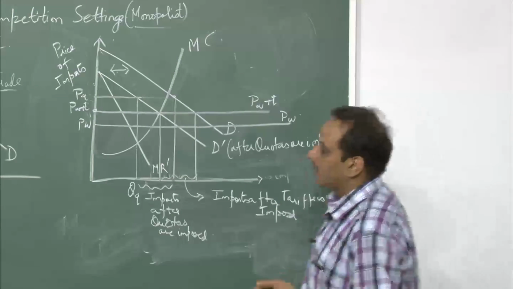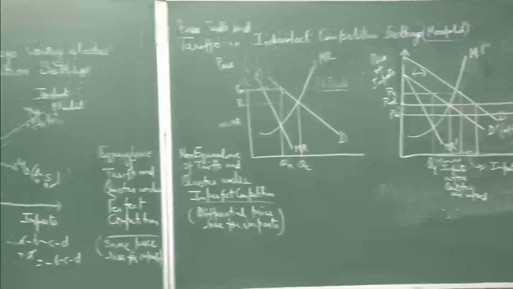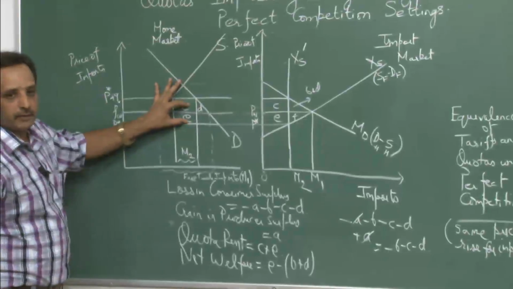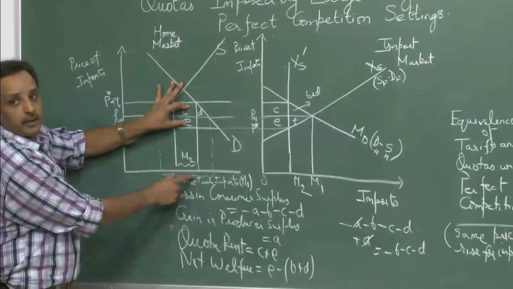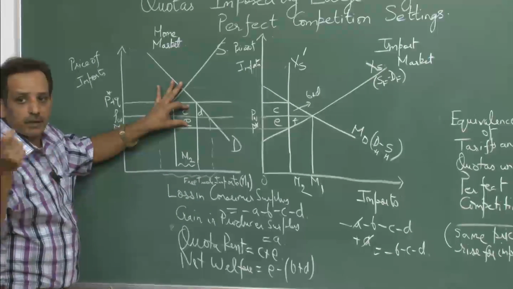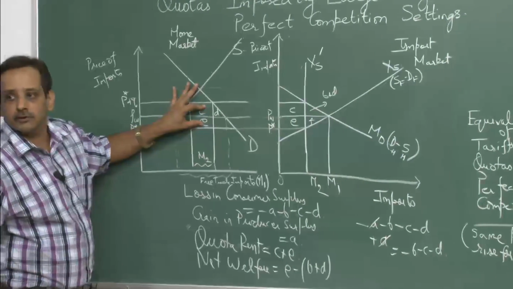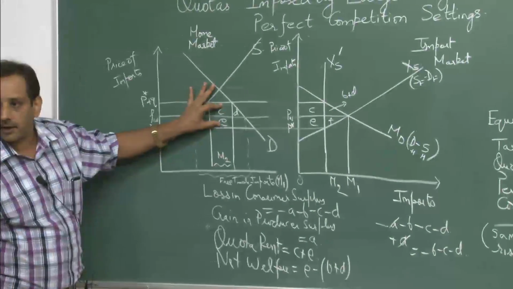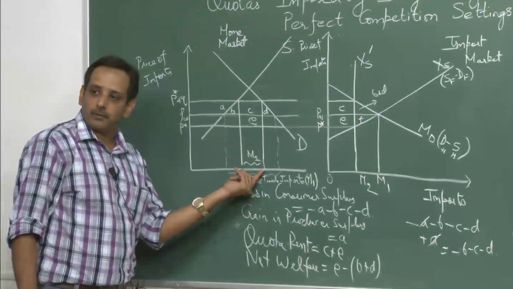How do you calculate quota equivalent tariffs? You can always work out this C plus E, which is the quota rent, in proportion to the total value of the imports. That will give you one indicator of the tariff equivalent to quotas. So C plus E is quota rent. You can always find this in proportion to the value of imports.